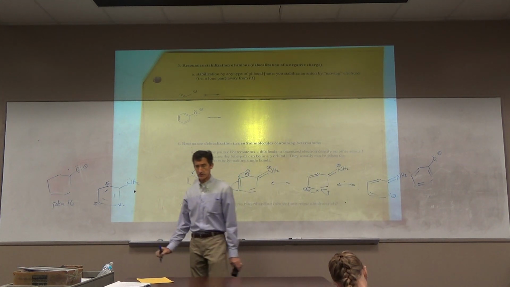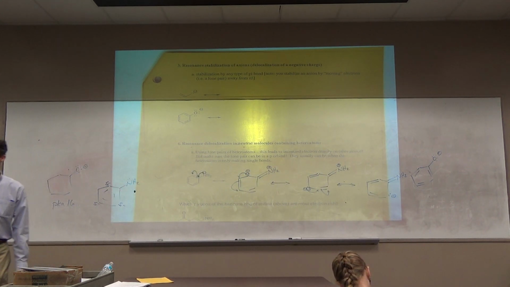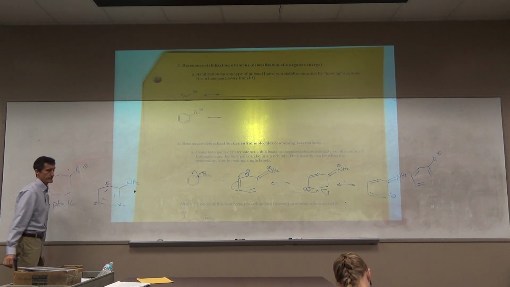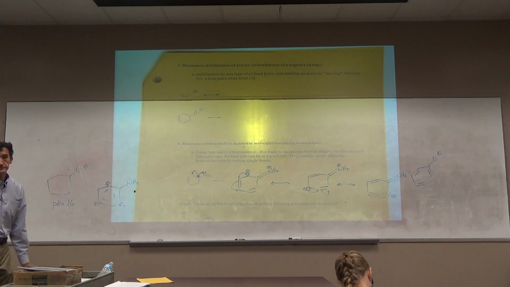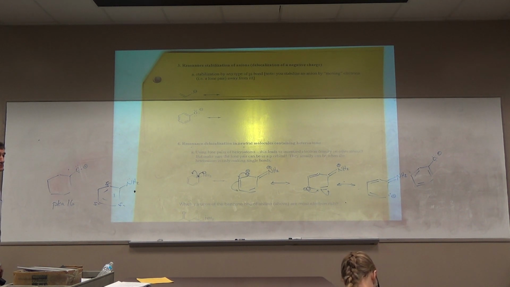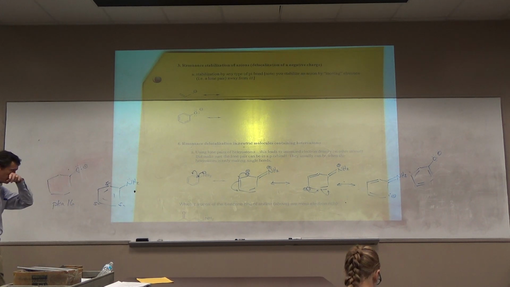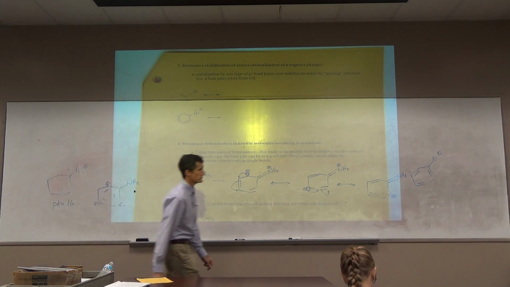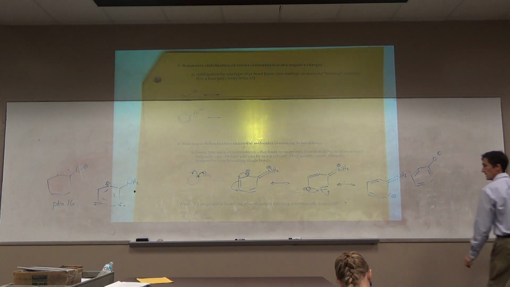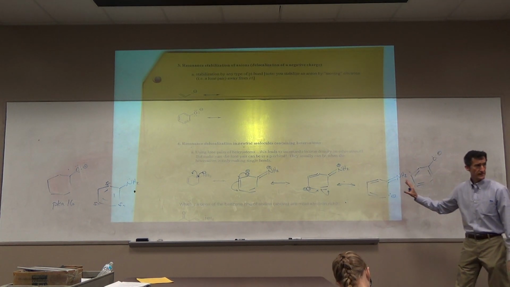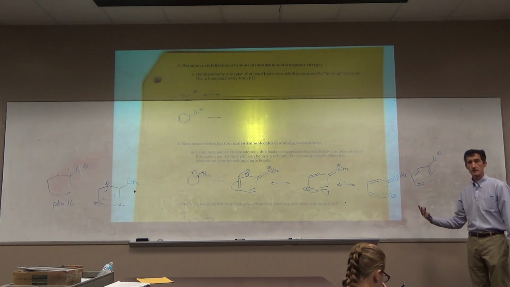Those are your electron-rich carbons, the ones where the minus falls. So that's the type of understanding we need to have. Again, assess your resonance structures. They tell you about the hybrid.